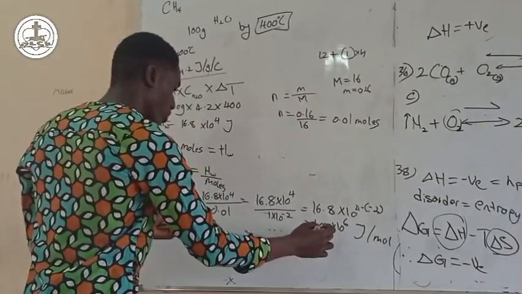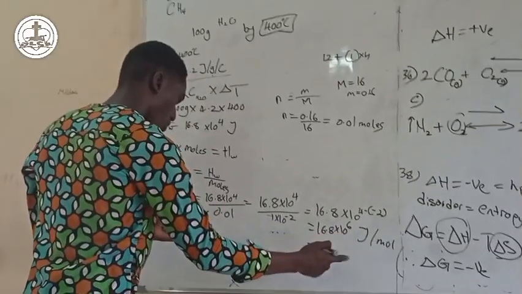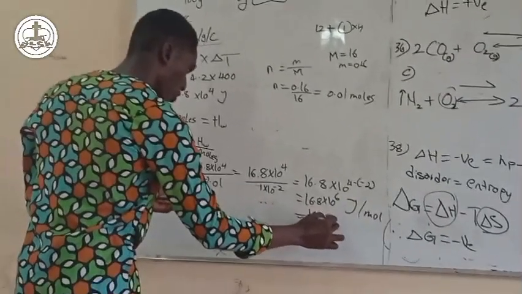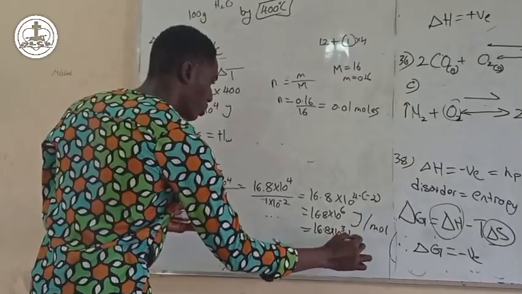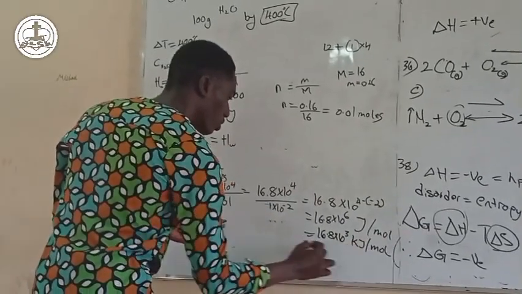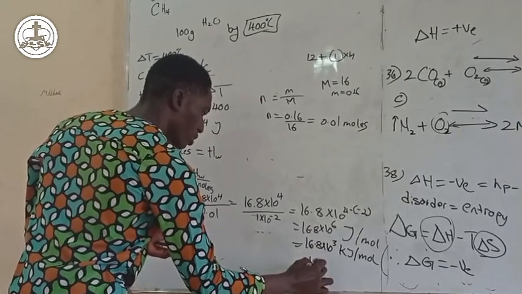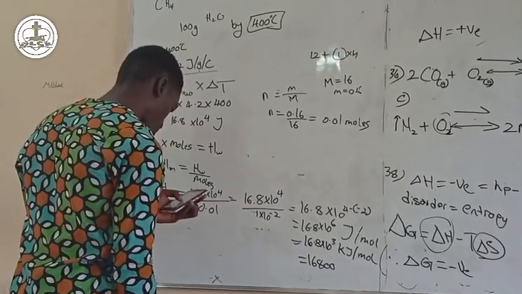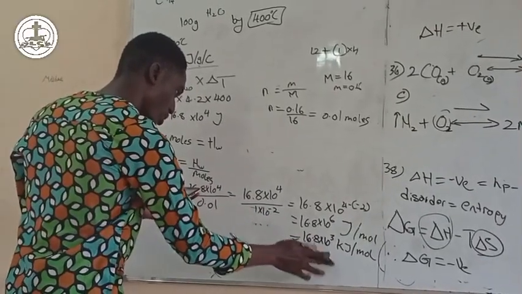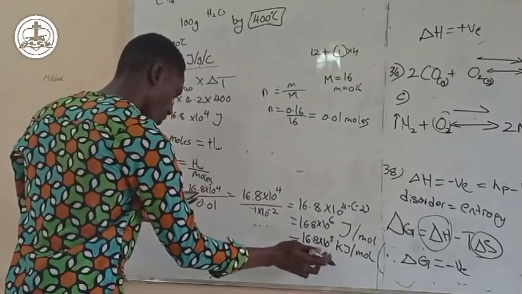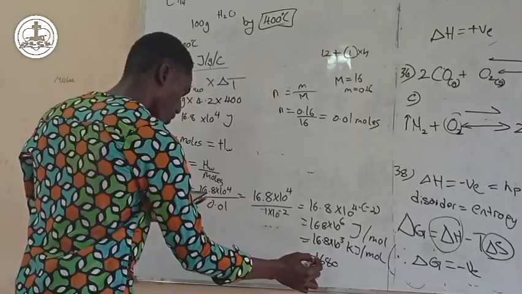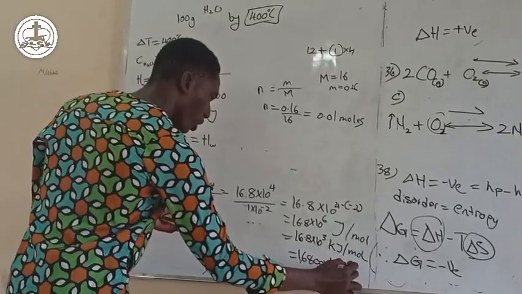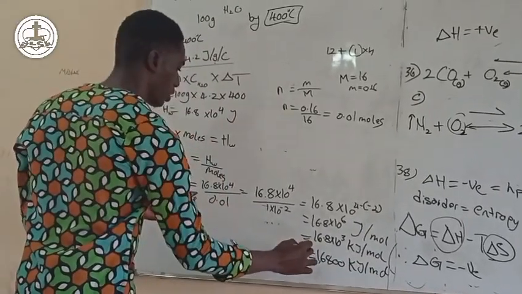Converting this to a standard unit, we have 16.8 times 10 raised to the power 3 kilojoules per mole, which is equal to 16,800 kilojoules per mole, and this is the answer.